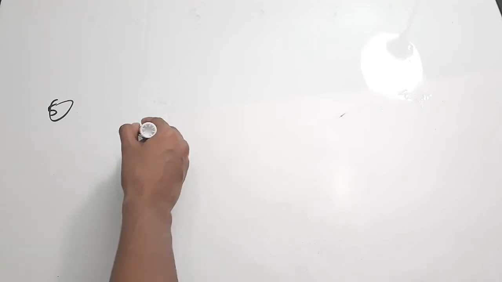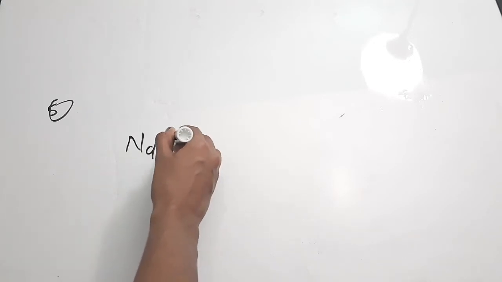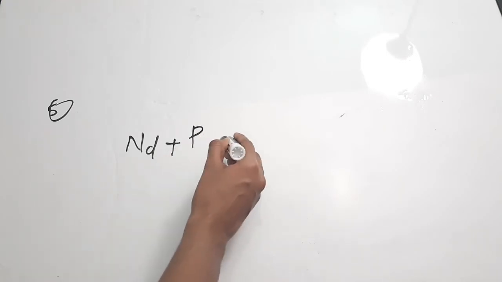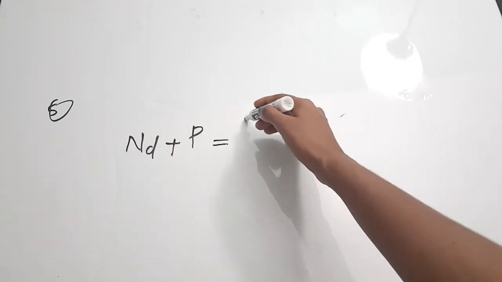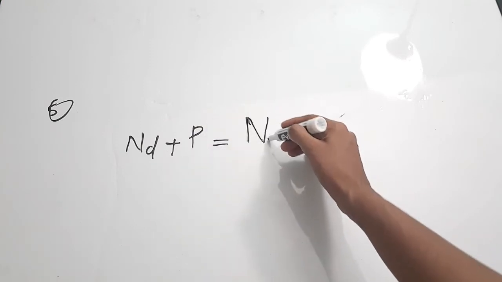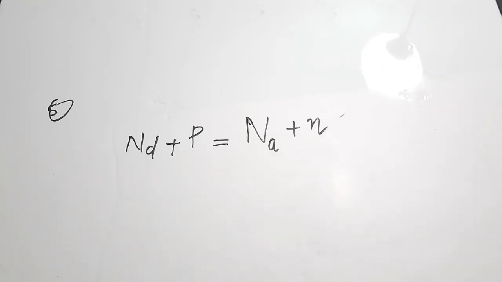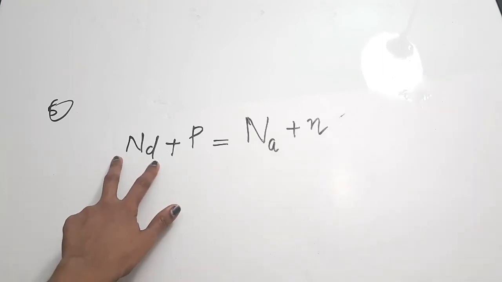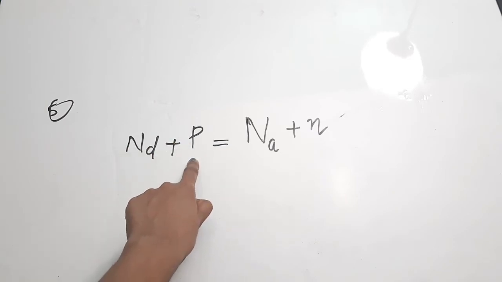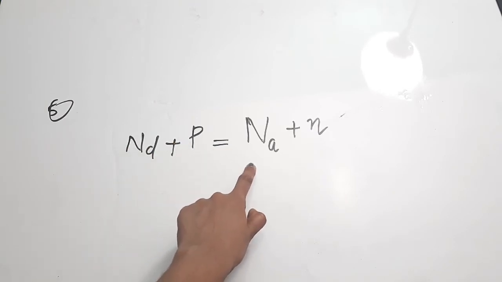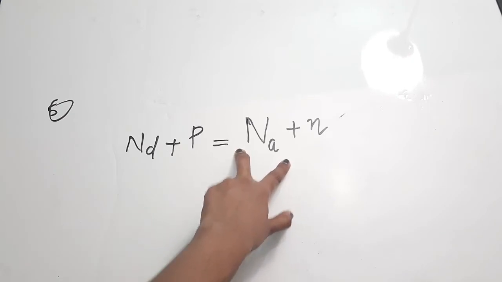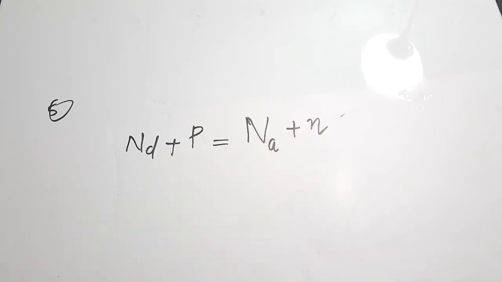For a material to be electrically neutral, the concentration of donor impurity, that is ND, plus the number of holes generated, that is P, is equal to NA plus the number of electrons. Or you can say it is the donor concentration plus hole concentration equal to the acceptor concentration plus electron concentration.